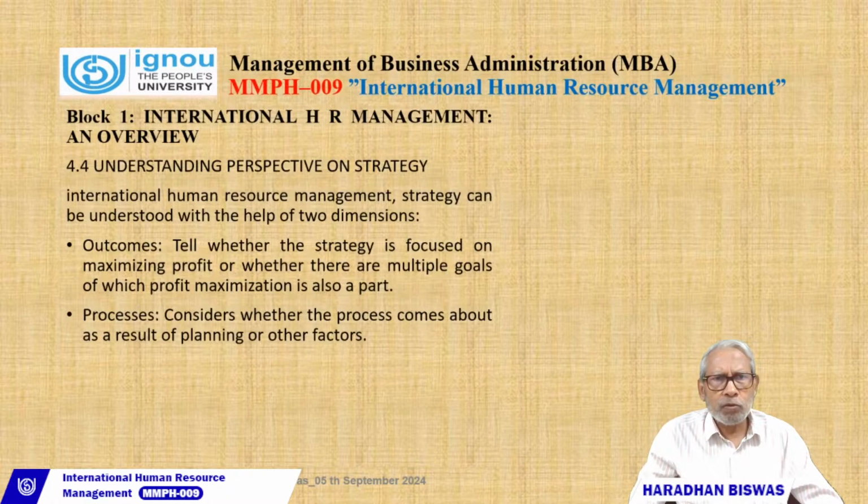Now, international human resource management strategy can be understood with the help of two dimensions. This is the way we can understand. One is outcomes, and another is process. So, tell whether the strategy is focused on maximizing profit, or whether there are multiple goals of which profit maximization is also a part.